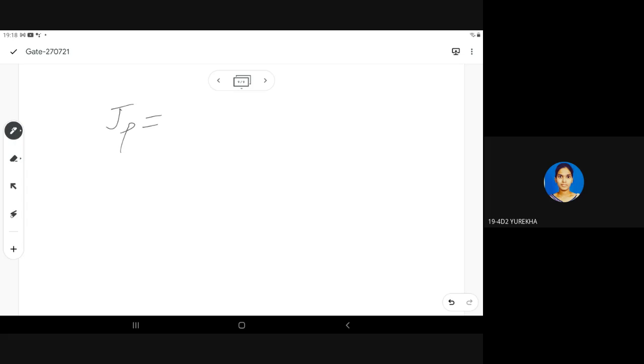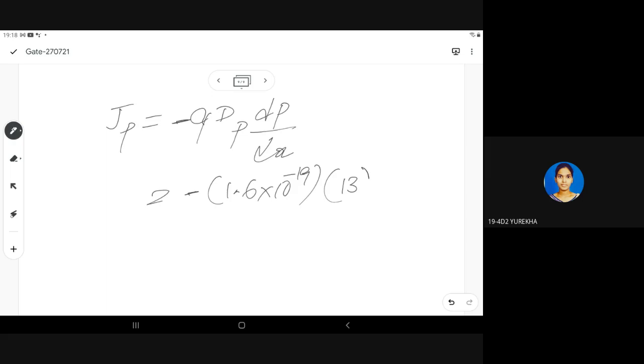What is the formula for diffusion current density? Minus q Dp dp/dx. Here q is 1.6 × 10^-19 coulombs, and Dp is 13 cm² per second, already in centimeters. dp/dx is -2 × 10^14.